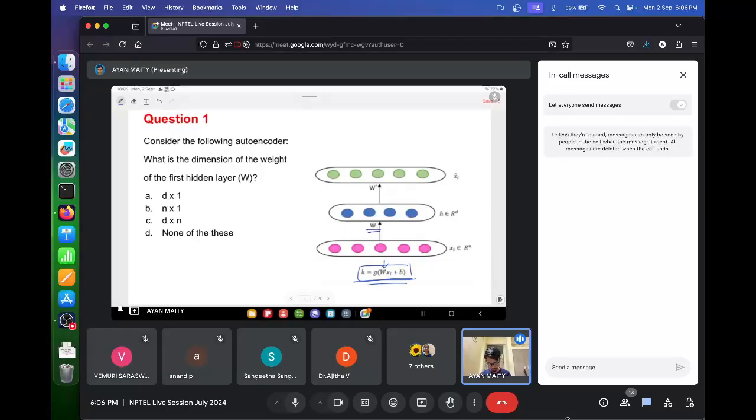The dimensions of the input xi and h are given. Xi belongs to R to the power n and h belongs to R to the power d.